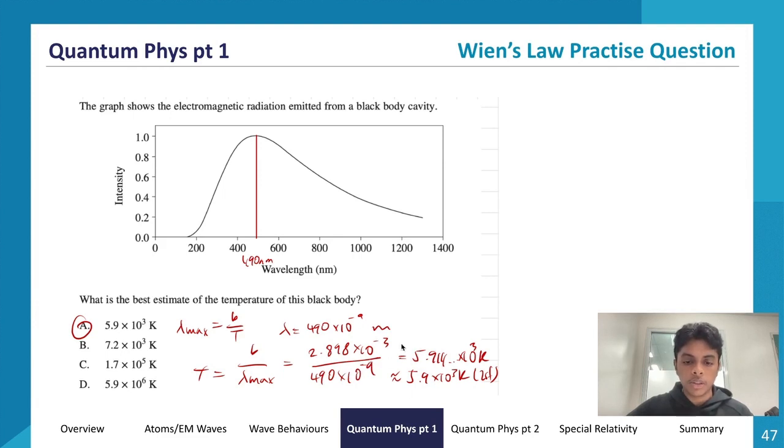Putting this into the calculator, it should be equal to 5.914 times 10 to the power of 3, which is approximately 5.9 times 10 to the power of 3 Kelvin, to two significant figures, and that gives us our answer of A. So that's how we would do it. All we're doing is rearranging the formula and trying to find the peak wavelength.